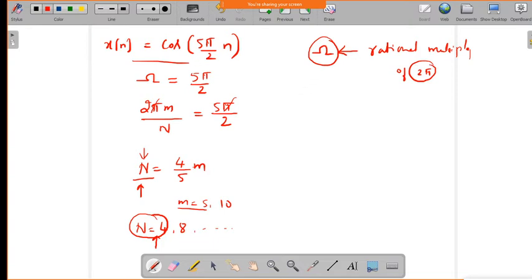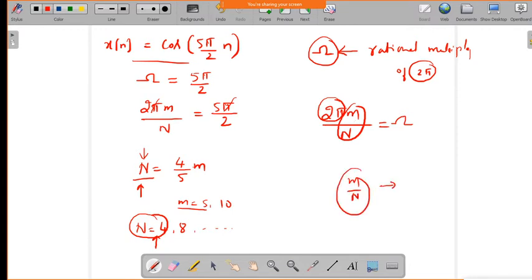In general, 2π/N we call ω. Now ω should be a multiple of 2π, so this is a rational number m/N. If you get m/N as a rational number, in p/q format, then you will get a signal having periodicity.